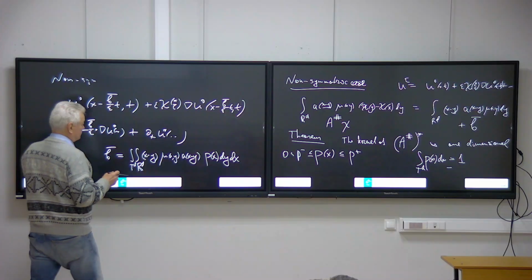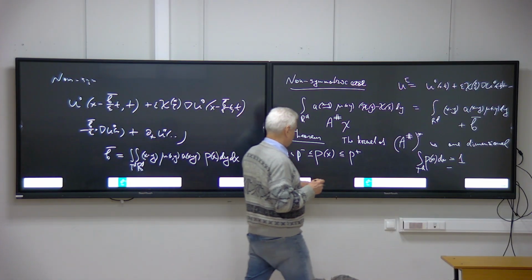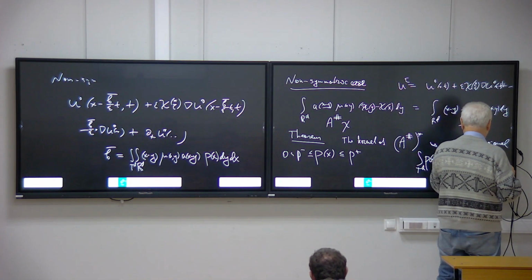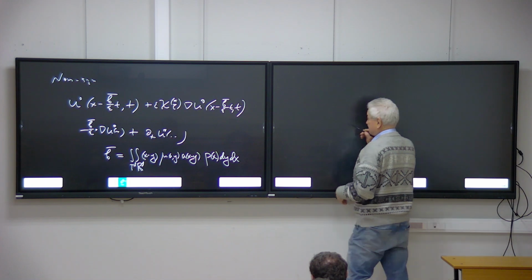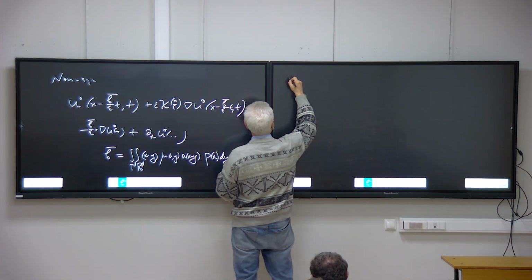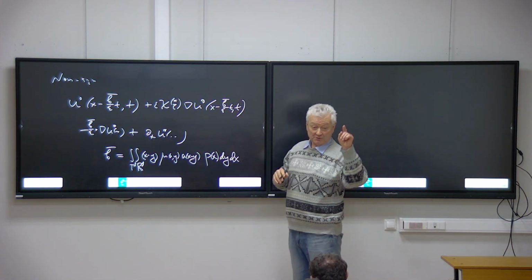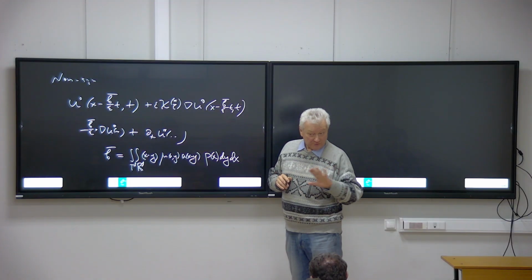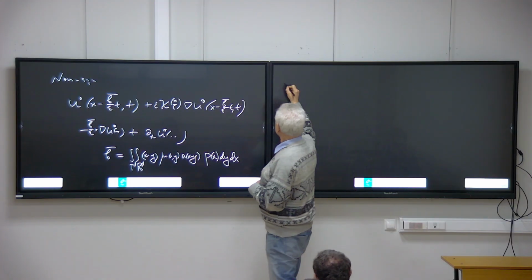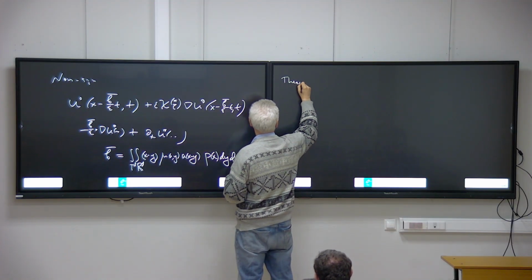Well, so let me formulate the final theorem in this case. The theorem reads that under all the above conditions, from 1 to 5, without symmetry condition, we have the following statement.